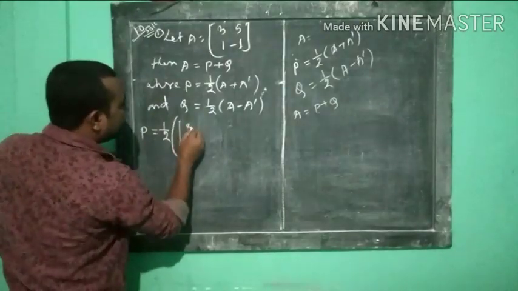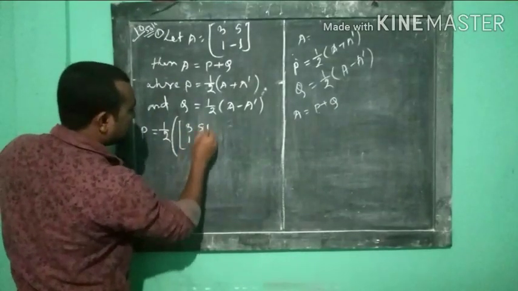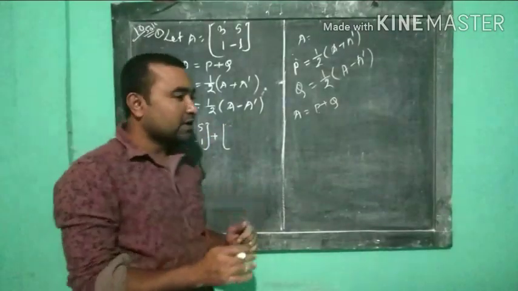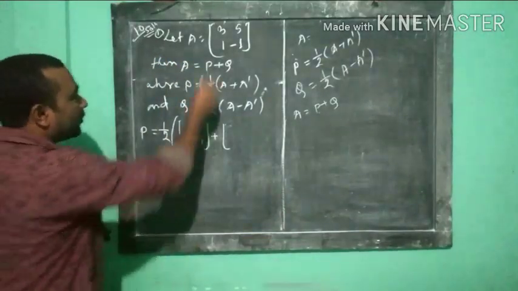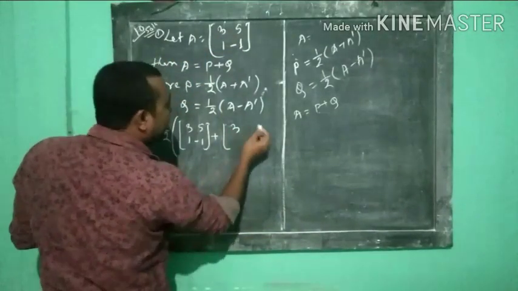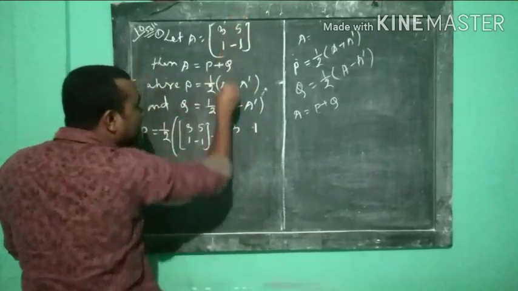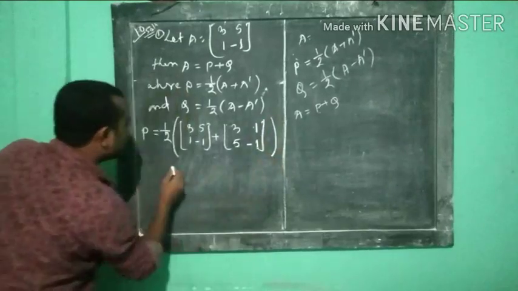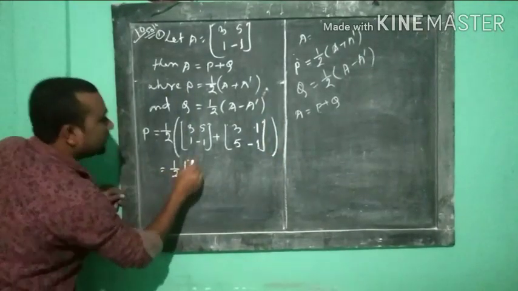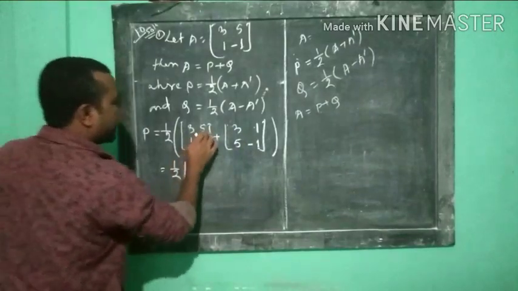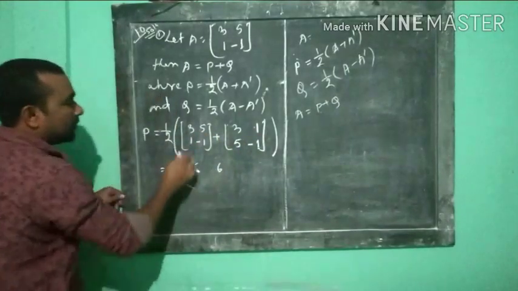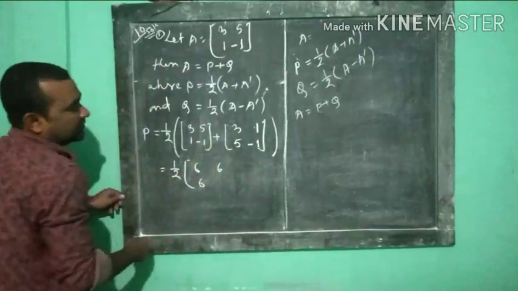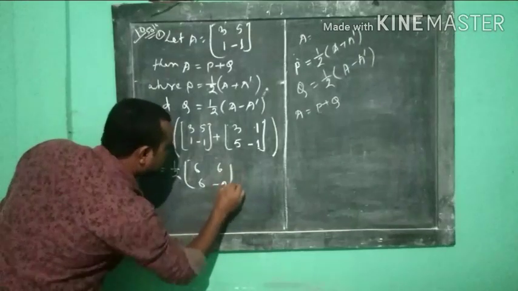A is 3, 5; 1, minus 1, plus A transpose. How do we find A transpose? By interchanging the rows and columns, so the first column is the first row and the second column is the second row. If we add these, half of 3 plus 3 is 6, 5 plus 1 is 6, 1 plus 5 is 6, and minus 1 plus minus 1 is minus 2.